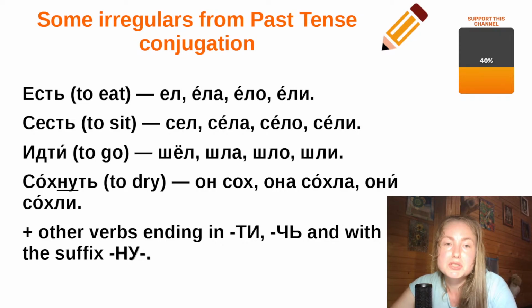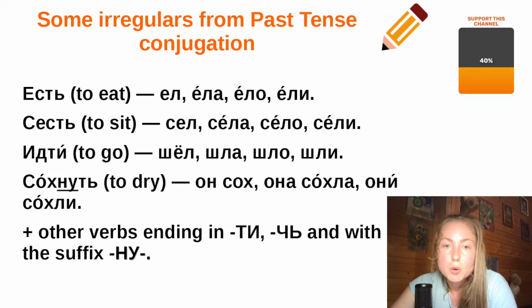So a very interesting group with the suffix ну. I underlined it here. So if you have a verb with the suffix ну, normally it will be an irregular verb. So if we want to produce the past tense of this verb, the suffix ну goes away, and we remove not only the suffix, we remove also the infinitive ending ть.